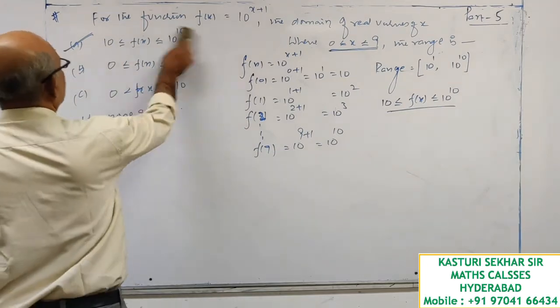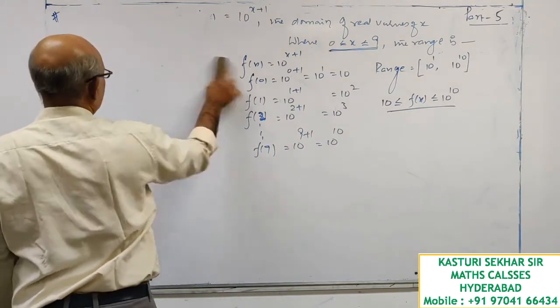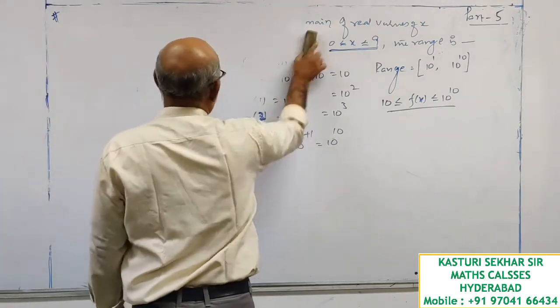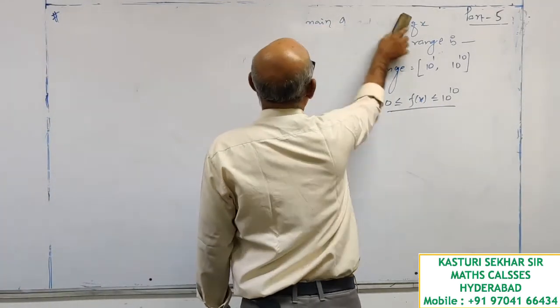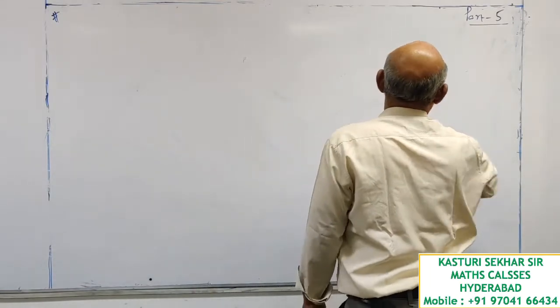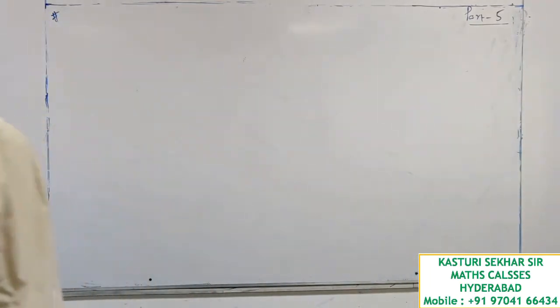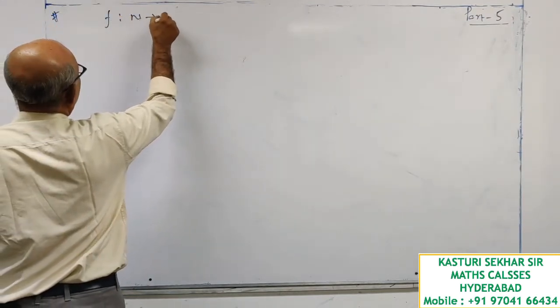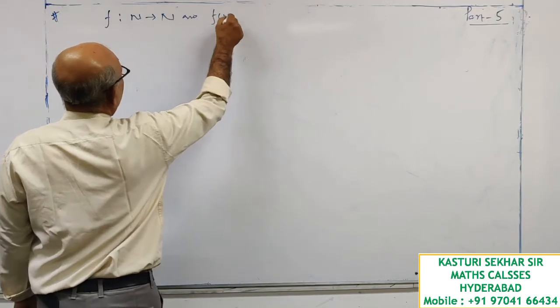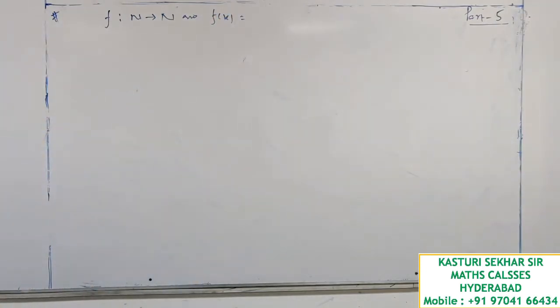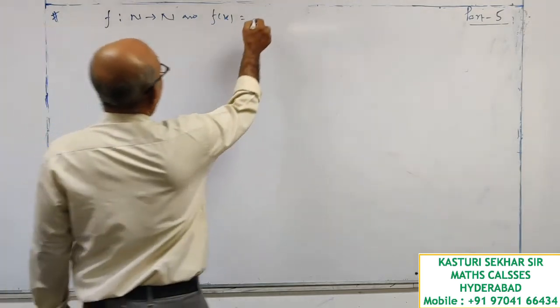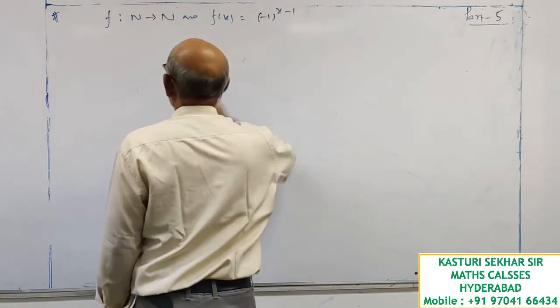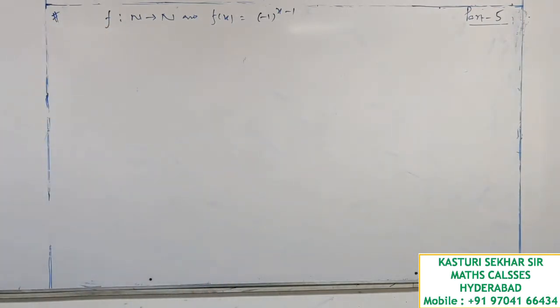Next question. F is a function from N to N and f of x is equal to (-1) to the power x minus 1.